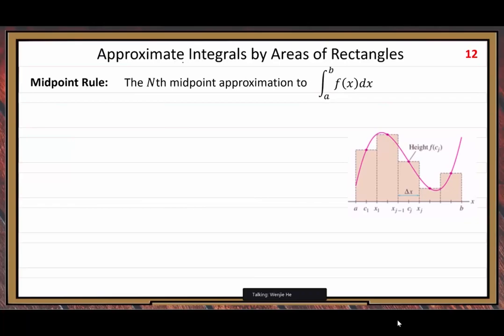This time, we pick the midpoint for each small line segment piece. We select the midpoint and take the function value at this midpoint, then we draw a rectangle. Each piece is a rectangle. Then we take the summation of these rectangles to estimate the original integral.